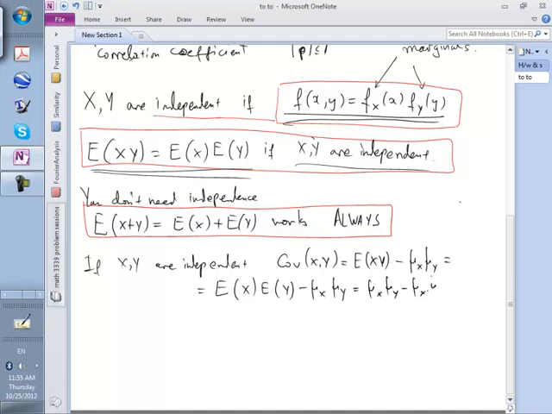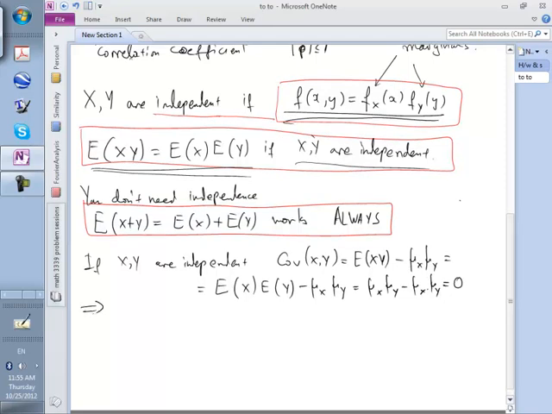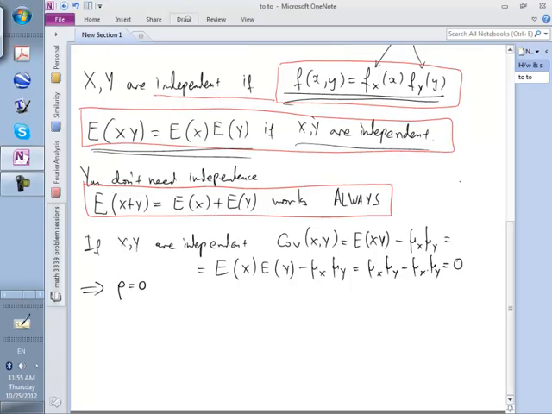So we know that if we have the covariance of two random variables which are independent, then this covariance is going to be 0, and of course that implies that the correlation coefficient is 0. But the converse is not true unless x and y are normally distributed. So here we have the following very important theorem. X and y independent implies the correlation coefficient is equal to 0.